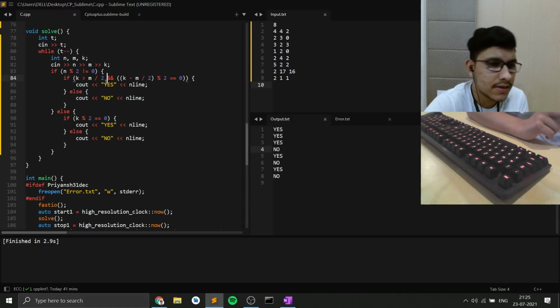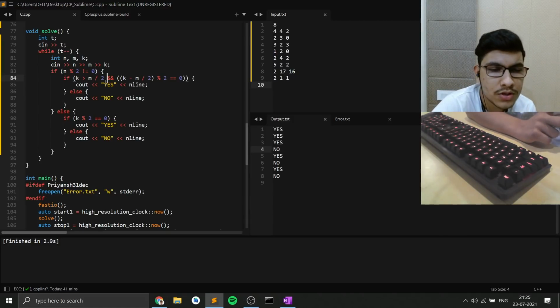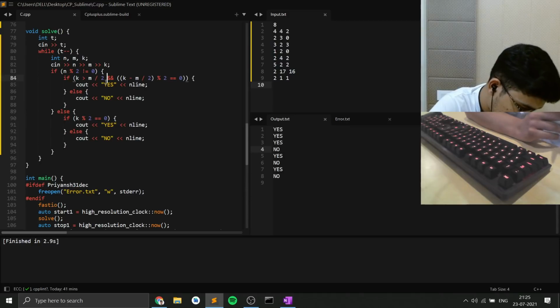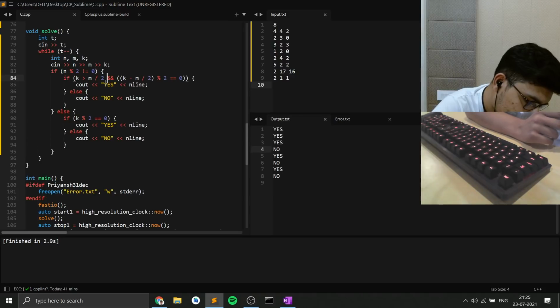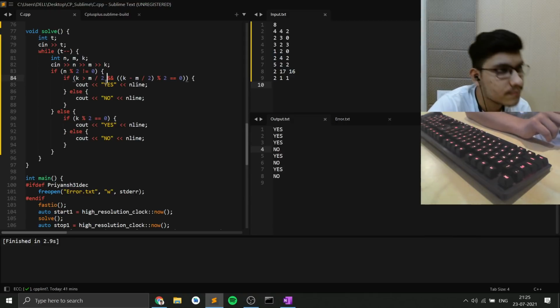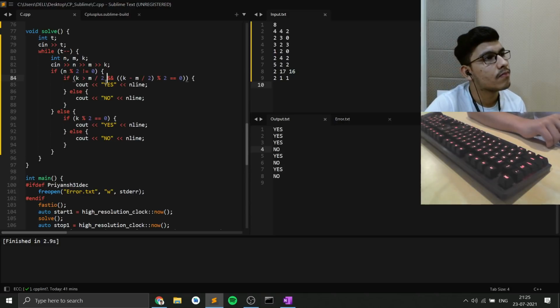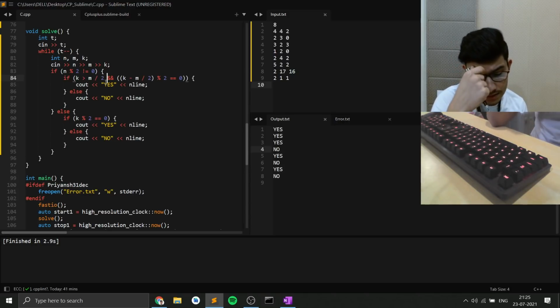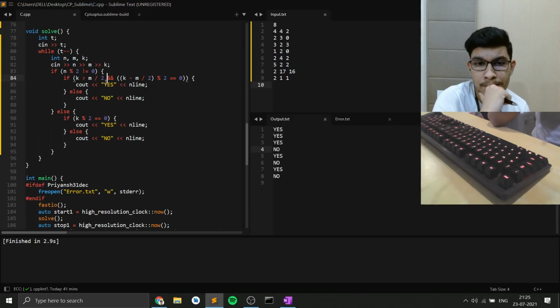So if k is greater than m by 2, is it always possible? The number of dominoes that are left should be even, I think.